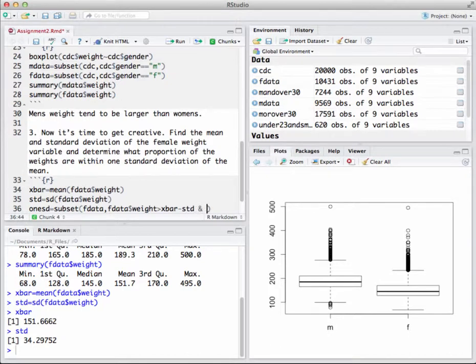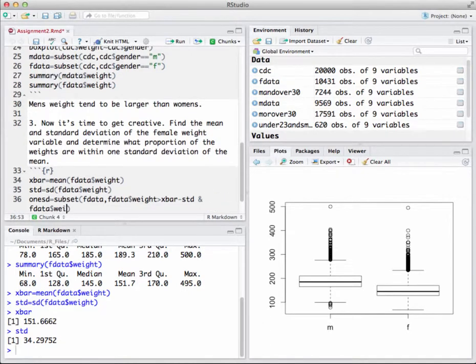And we want to also take the female data weight, and what we want for there is we want that also to be what? Less than, so we're trying to trap it between those two, x bar plus STD. Okay.